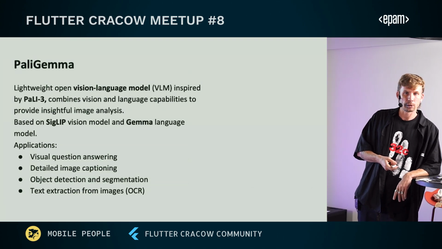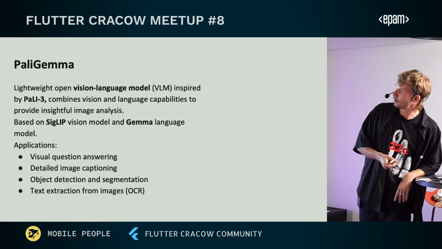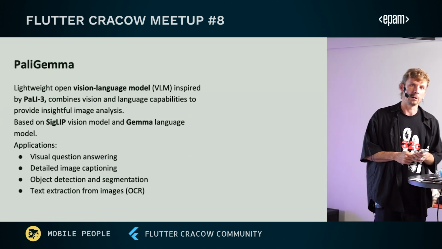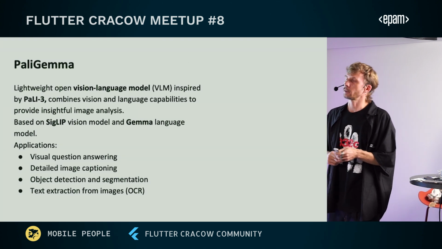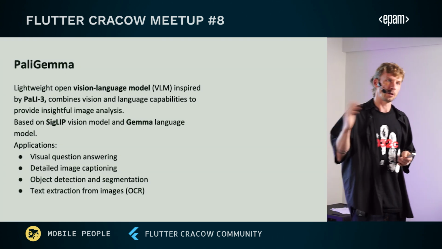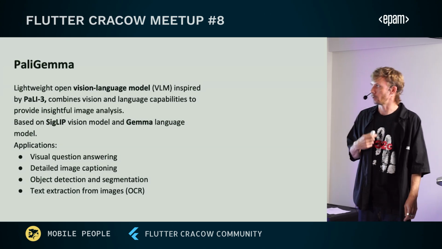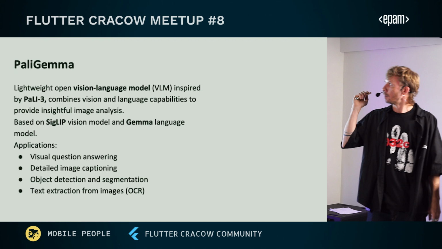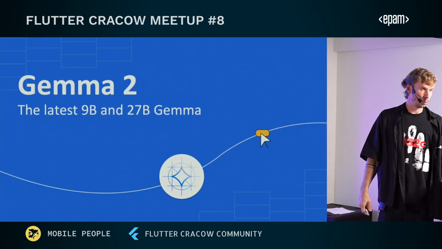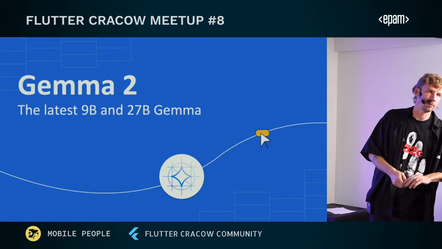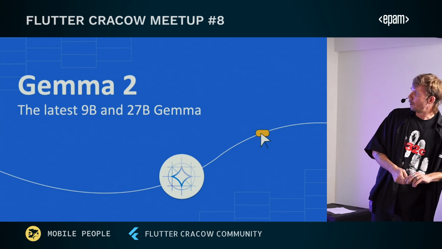PaliGemma is a Gemma that is not only text to text. PaliGemma works with images too. It can't generate images, but it can analyze images. You can upload an image to PaliGemma, and it will recognize it. And Gemma 2, with 9 billion and 27 billion parameters.